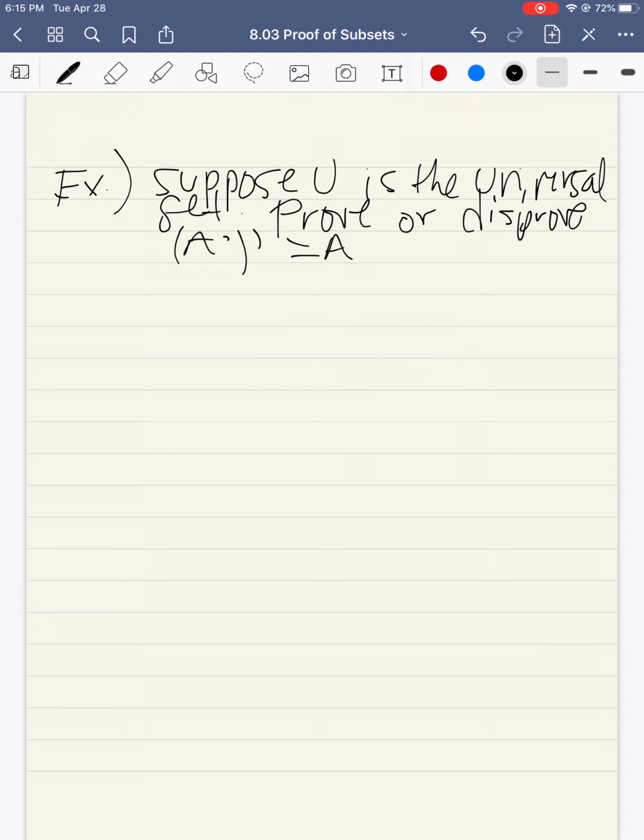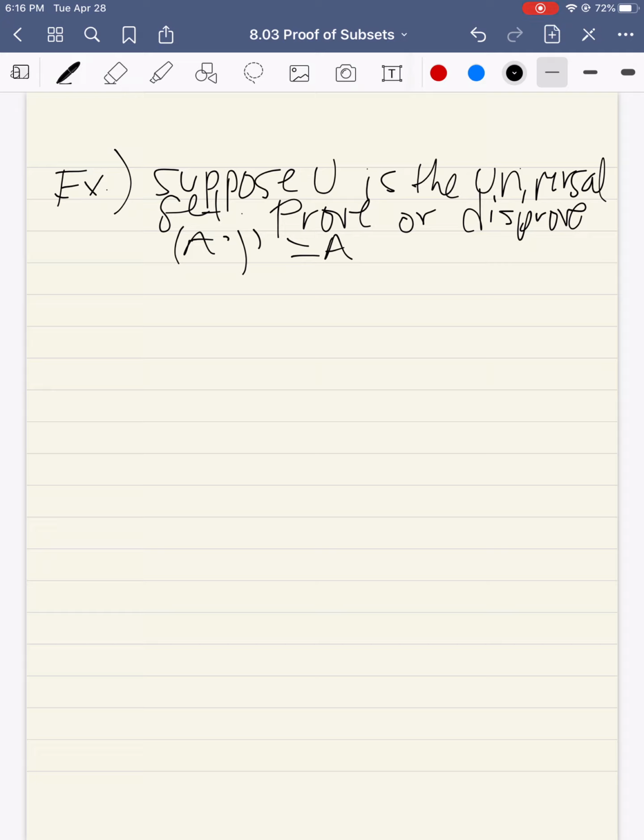However, in order to show this, first we need to just justify it for ourselves, and then we need to do a formal proof. So just as how we would do in our if-then statements, we would try to see, is this even something we want to prove? Is it even true?